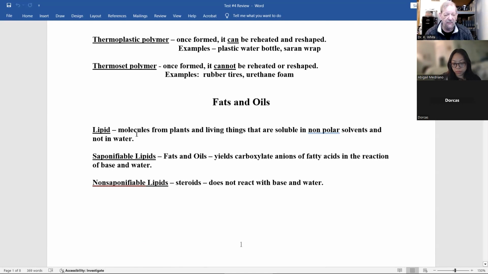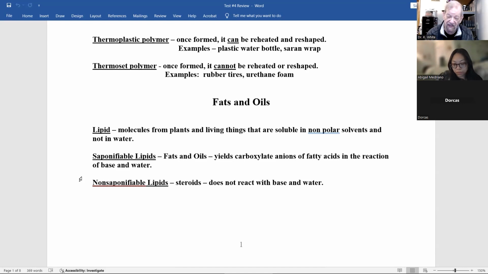All right, next I talked about fats and oils, and this is lipids. Now, a lipid is a molecule from plants or living things like us that are soluble in nonpolar solvents and not soluble in water. Now, you should know there are two types of lipids. One is saponifiable, the other is non-saponifiable.